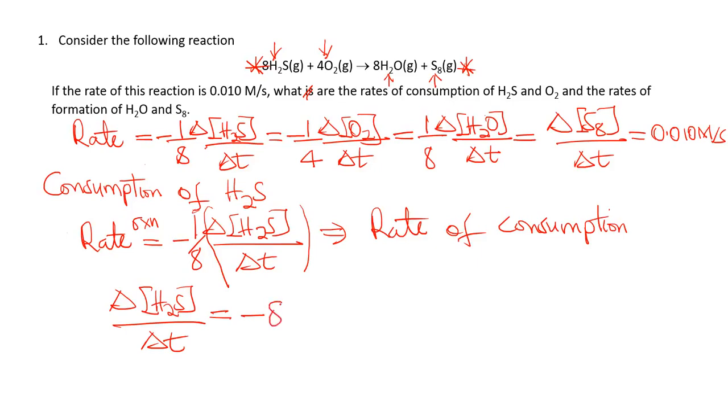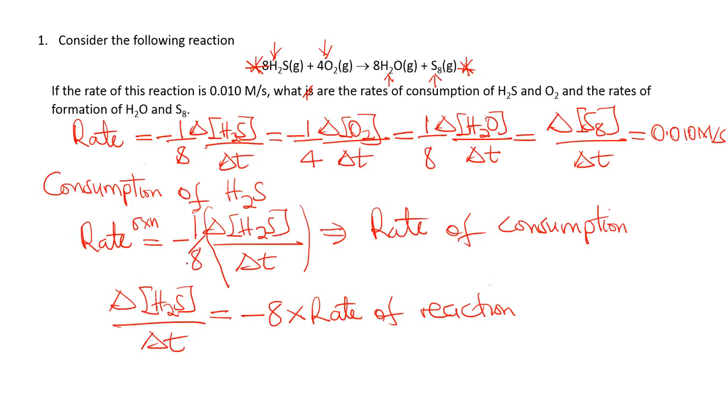So minus 8 times rate of reaction. So for rate of consumption, you just give the change in concentration over change in time. You don't have the coefficients in there.